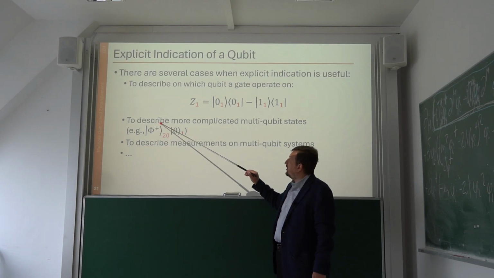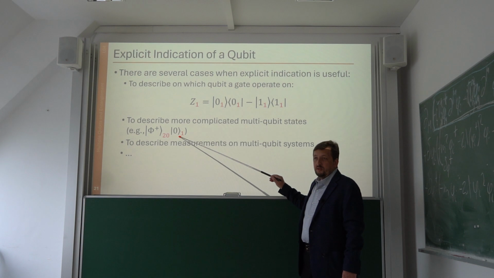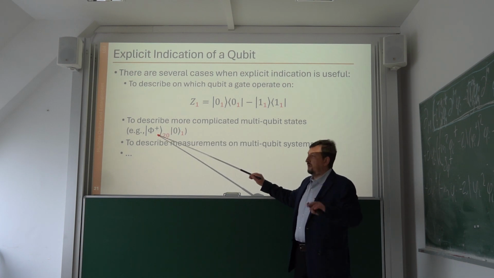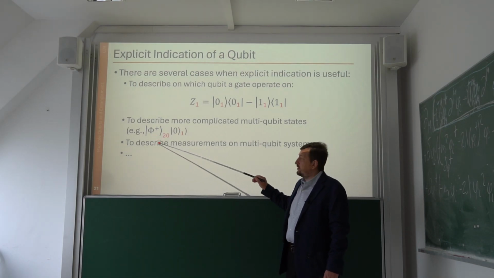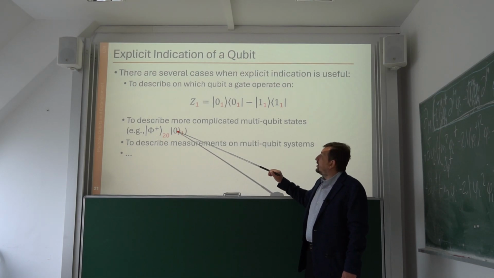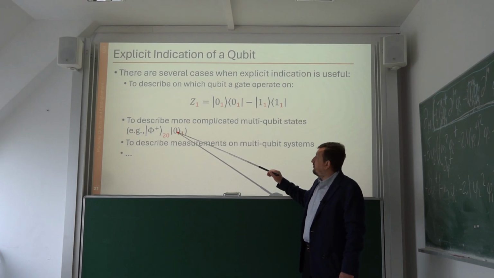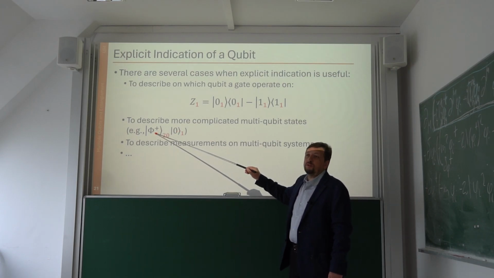So I can write it in a very compact form like this. And now it's clear that this qubit is in state 0, and this is the Bell state. I cannot write it simply as |0>|phi+> without these indices, because this would be qubit number 0, and this would be qubits number 1 and 2.